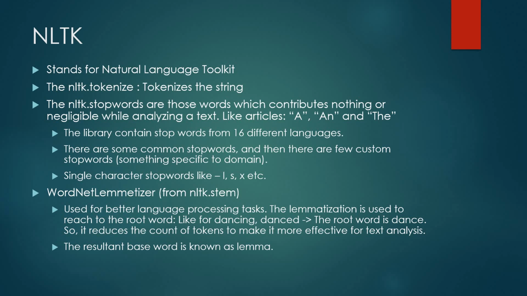These unique words are known as the tokens. So nltk.tokenize is used to tokenize the strings. Basically, from the complete string we have to find the unique words. These unique words from the entire document or set of documents are known as the tokens.